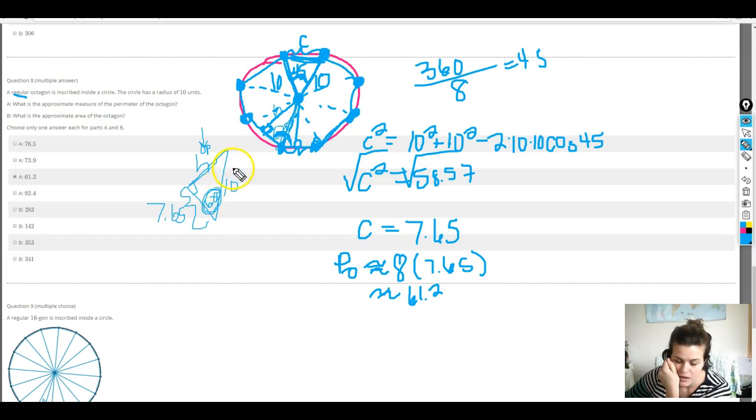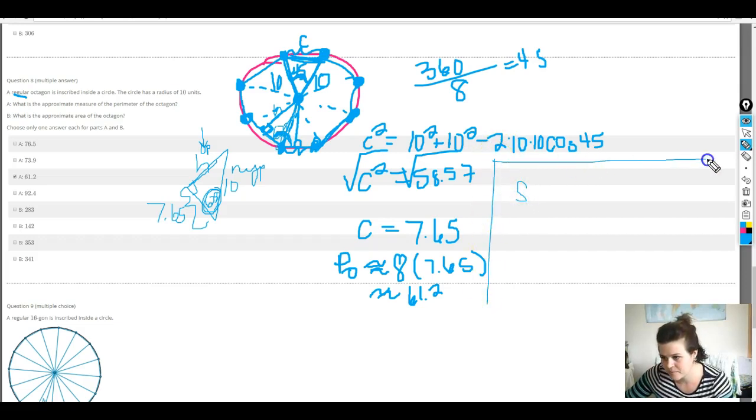So we have our hypotenuse. Then I'm going to ask myself which trig function has the ratio between the opposite side length and the hypotenuse side length, and that is the sine. So we're going to find the height by using sine of 67.5 degrees, and that's going to equal our height over 10.